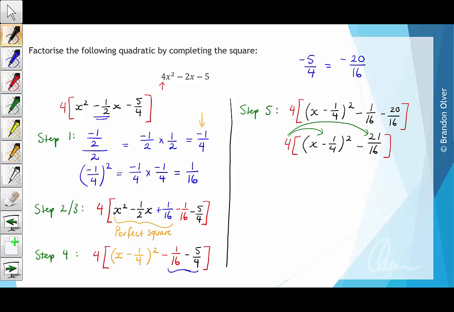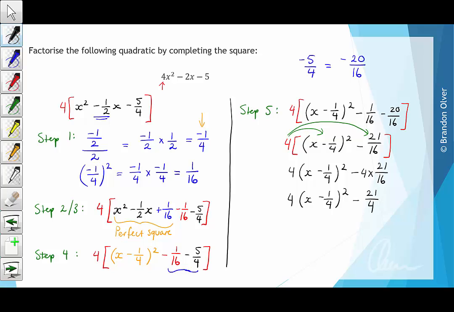So when we do that, we get 4 times x minus 1 on 4 all squared, minus 4 times 21 on 16. So we've still got 4 outside of x minus 1 on 4 all squared, and then minus 4 times 21 on 16 will give minus 21 on 4.